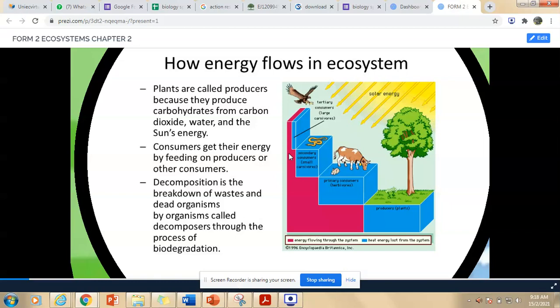Okay, and then you have a decomposition, usually by bacteria. Okay, it's a breakdown of that organism by decomposers such as bacteria, through the process of biodegradation.